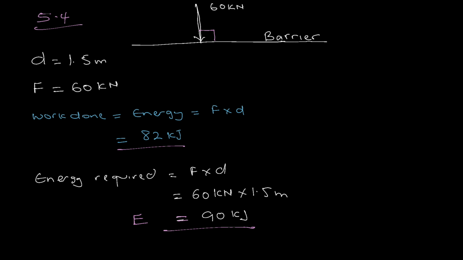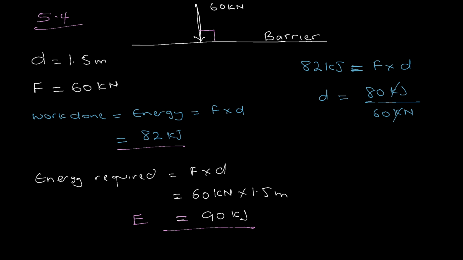So what distance will it move with 82 kilojoules? Okay, why don't we work that out? So 82 kilojoules will be equal to force times distance, and we know the force that it's applying is 60. So we can say the distance that it will move will be 82 kilojoules over 60 kilonewtons.